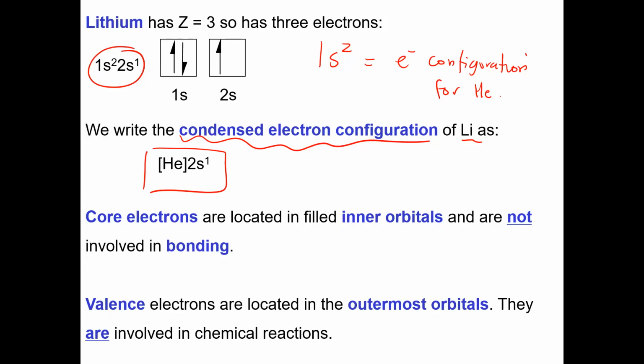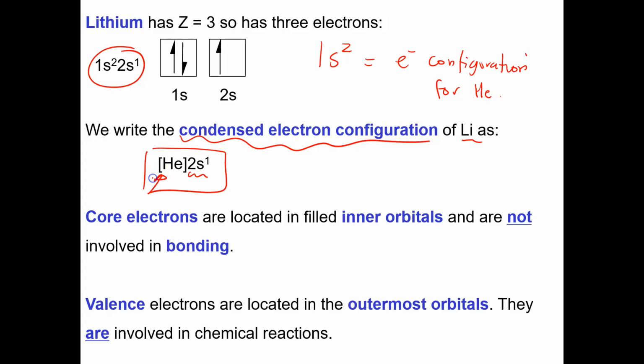So this achieves a couple of things, but most importantly for lithium, it makes it clear that the 2s1 electrons, the ones that are on the outer edge of the atom, are focused on. That focuses our attention on those outer electrons, the electrons in the outermost orbitals.